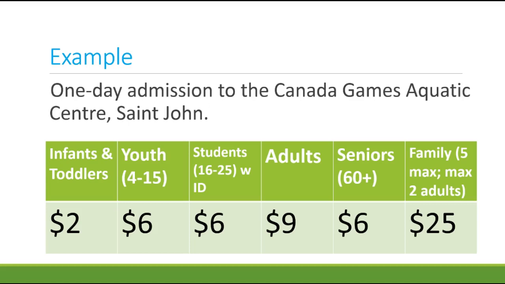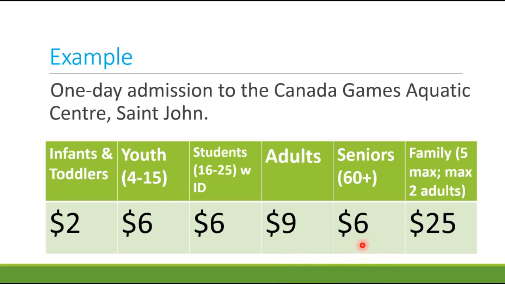One example I found was just looking at prices charged by the Canada Games Aquatic Centre in Uptown Saint John. So what the Aquatic Centre has done is it's divided up its customers into these different groups or different segments.